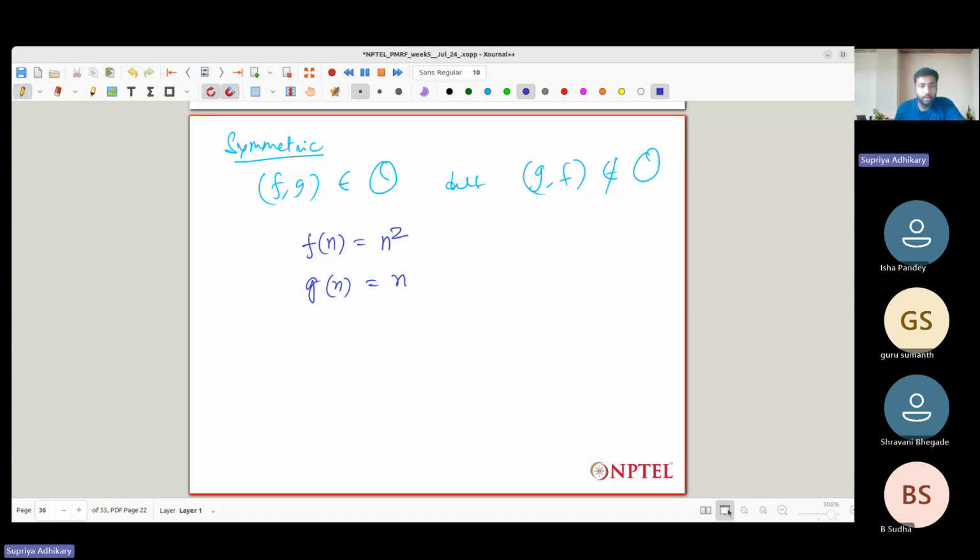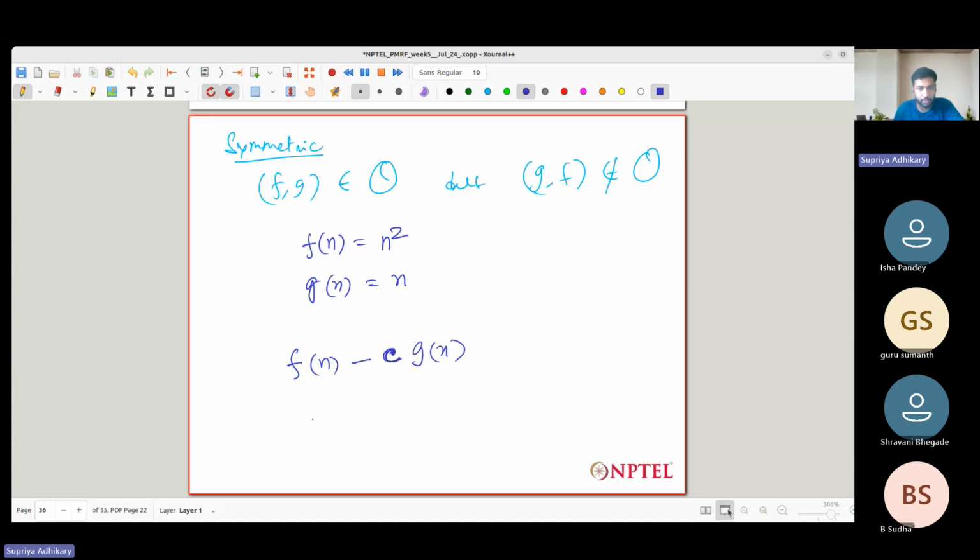Now, if we consider f(n) minus c g(n), where c is a constant, so we don't know which constant this is, but let's say c is some constant.